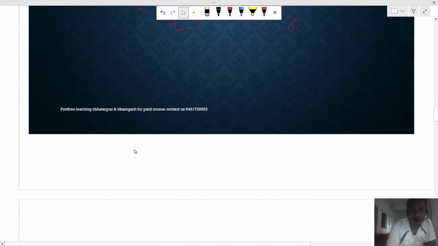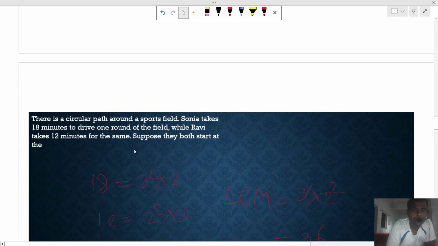Okay, next, this is a circular path, and the question can also be in the form of a clock. The three bells rang at 20 minutes, 40 minutes and 60 minutes. Find the time when they ring together. So this is also the same concept.